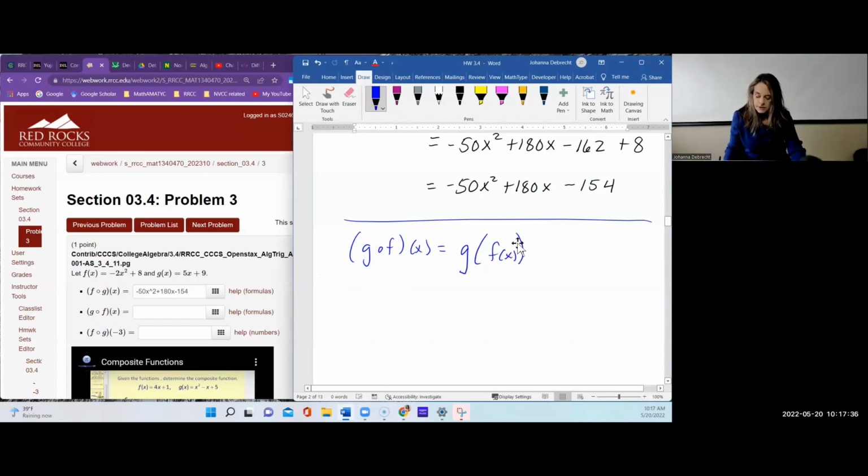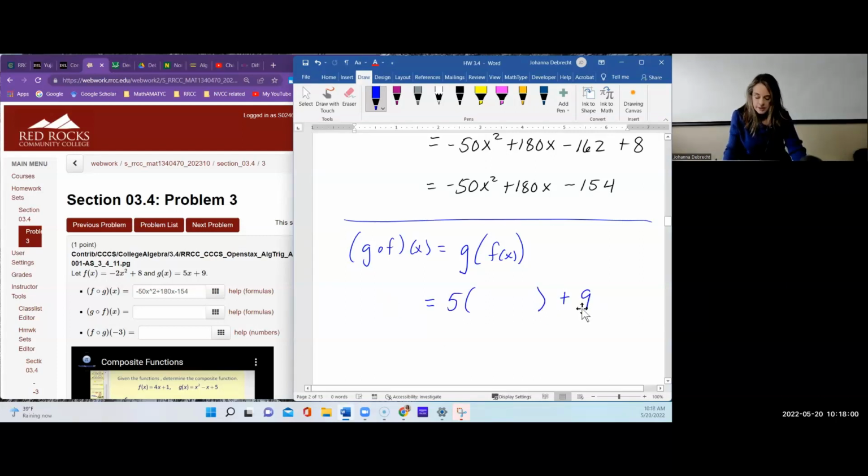Notice how much of a difference I make in the two sizes of the parentheses. That helps to keep straight which is inside and which is outside. Now what we want to do is apply this in the order that it's written. G is on the outside, so we write the g function and we leave an empty set of parentheses to substitute in the inside function.